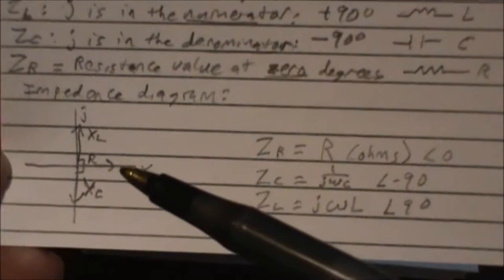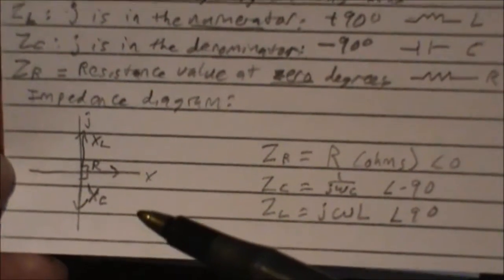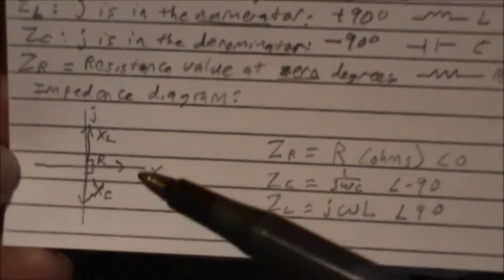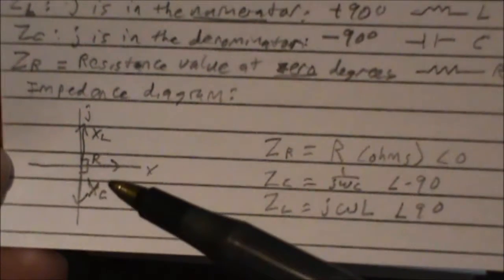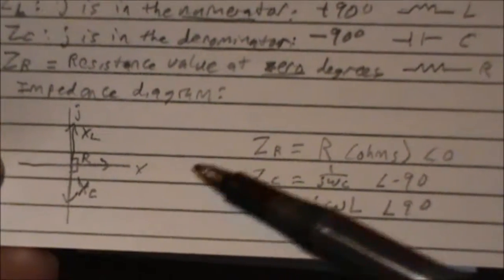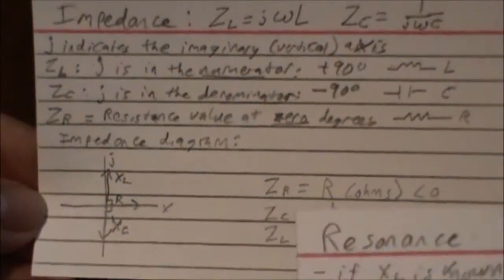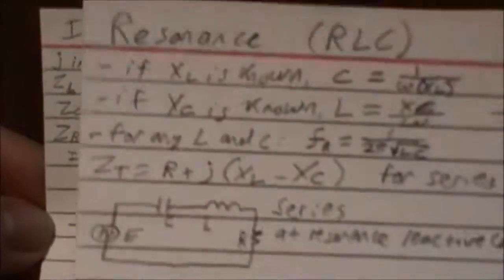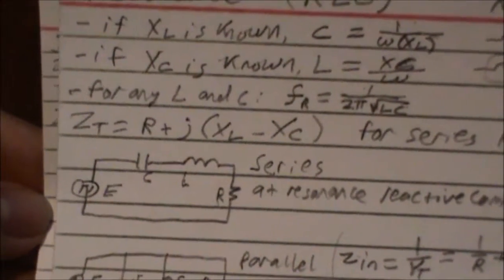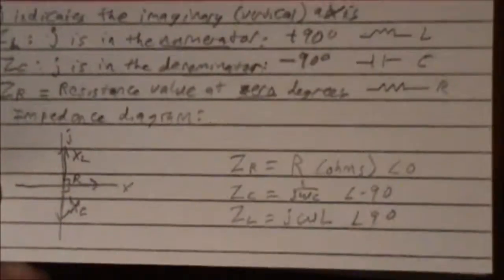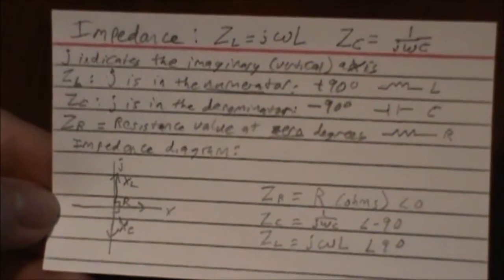Thus, the total impedance of a resonant circuit, where XL is equal to XC but they're 180 degrees apart from each other, Z total, is going to equal just the resistance of the components, which goes back here: ZT equals R plus j(XL minus XC). And this is why that impedance of a resonant circuit is true.